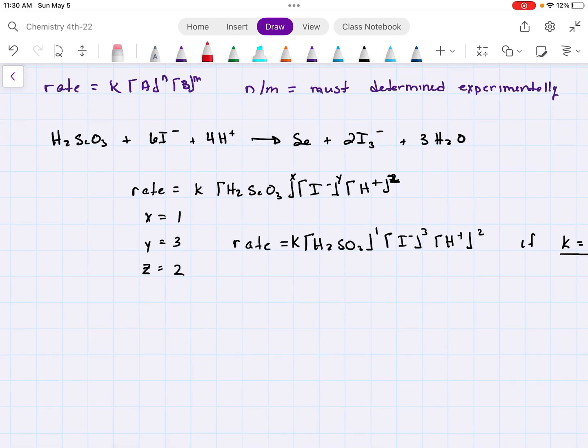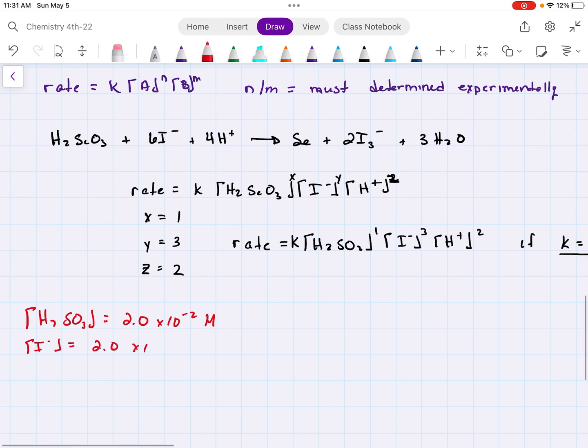Okay, so let's do the solution. Let's say that we wanted to know what the rate of reaction is at 0 degrees when the concentrations for this reaction are as follows. So I have the concentration of selenous acid at 2.0 times 10 to the negative 2 molar. Iodide is at 2.0 times 10 to the negative 3 molar.